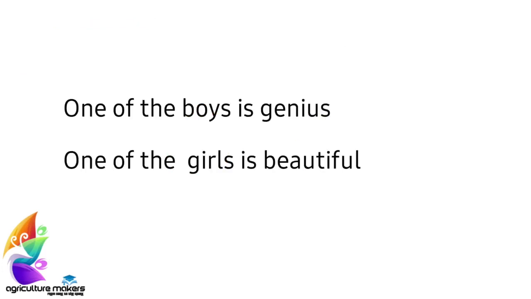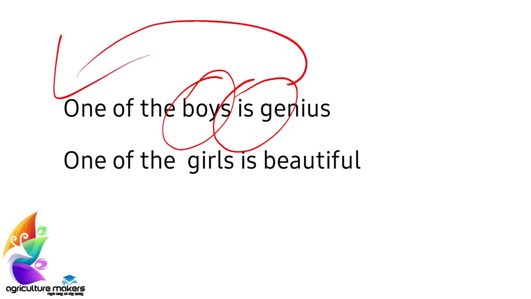And next most important thing, even though you use plural after one of the, the verb, that is your verb or helping verb, anything, should be singular in nature as it is going to denote the one.